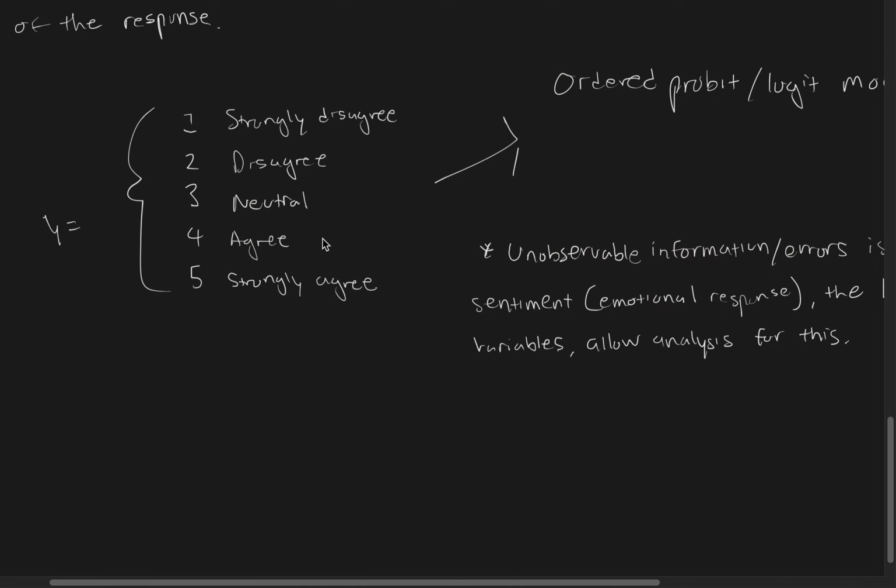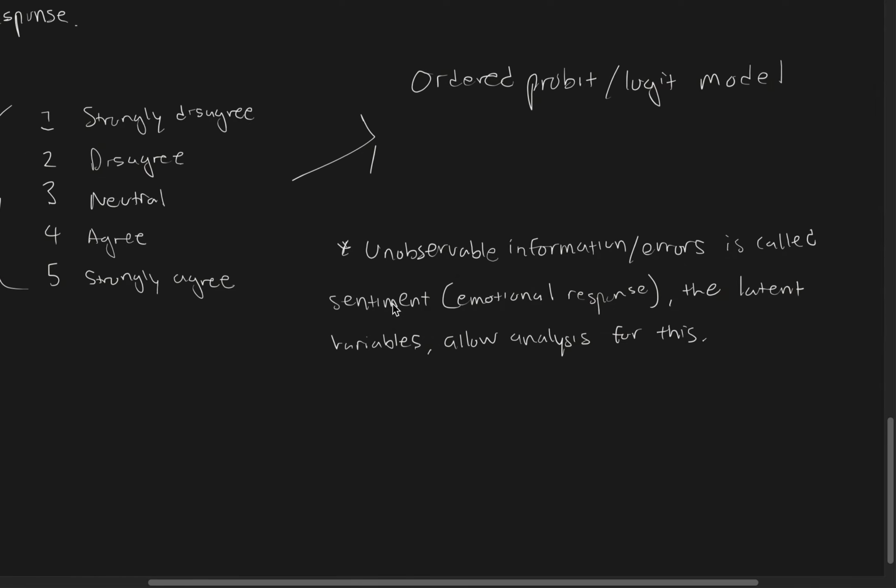So in an example like this, if we think we strongly agree with an opinion, but in reality we're more neutral and just agree, but we choose strongly agree because we have emotional attachments to it, or maybe because of a recency bias from something that happened yesterday or recently, that's what we'll call the error of sentiment caused by the emotional response.